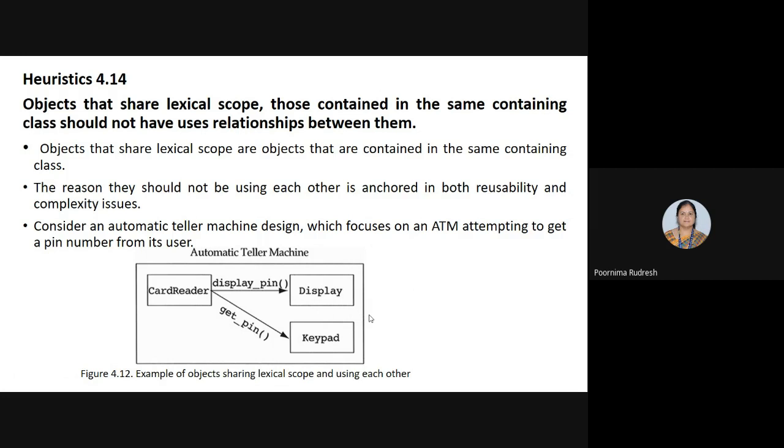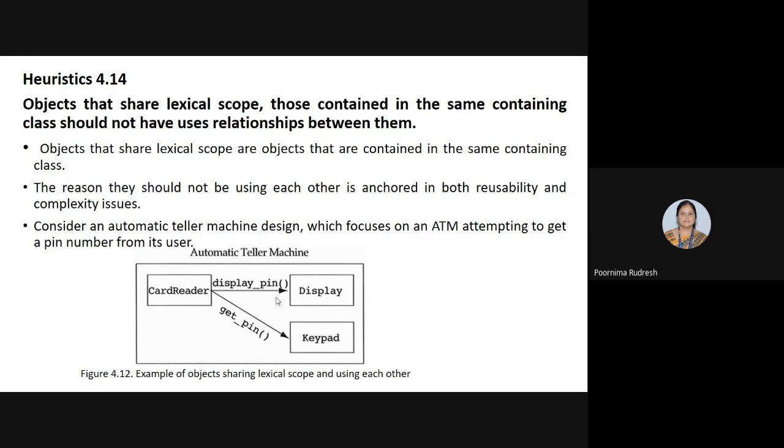So, right, are all of you following what I'm explaining? Whenever we are inserting the card, two uses relationships or two interactions take place. One needs to display the message for entering the PIN number. Once the message is displayed, what is the next step?